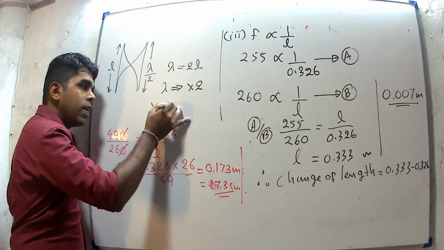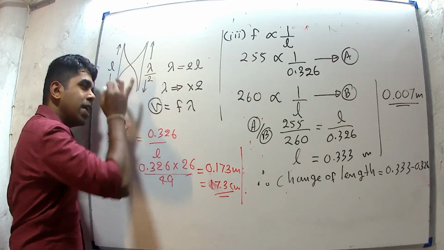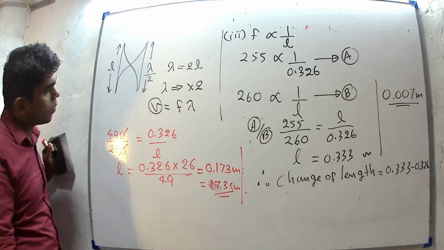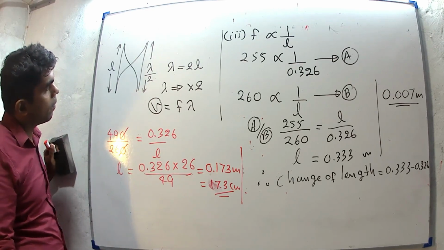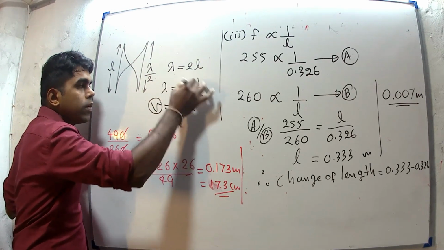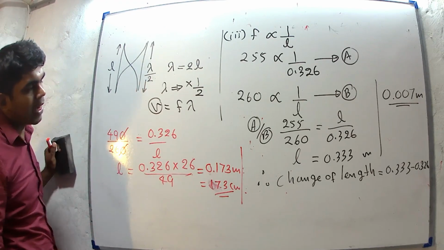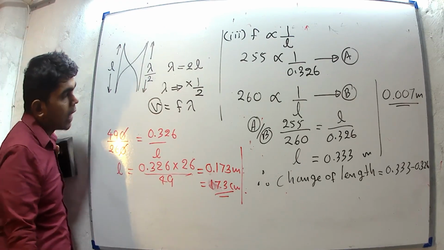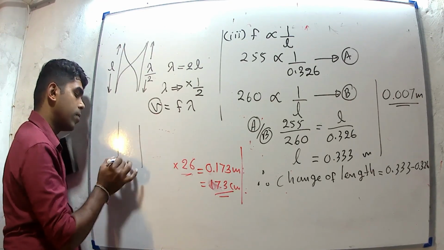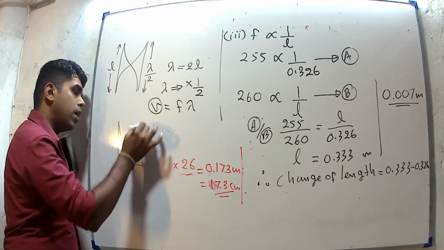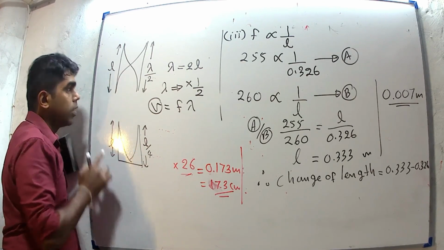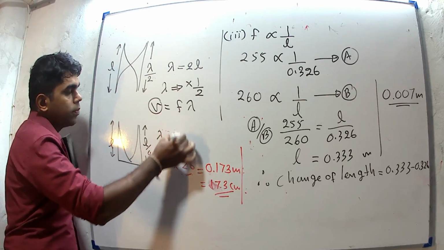According to v equals f lambda, v is constant. Now, lambda becomes half. For the initial situation, we take the answer from the earlier wave pattern. Lambda over 4 equals L, so lambda equals 4L.